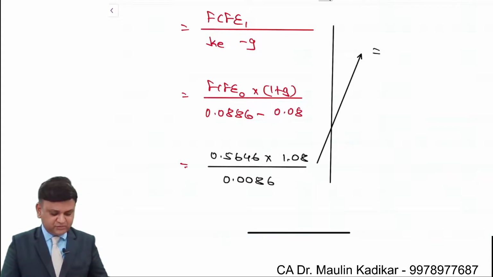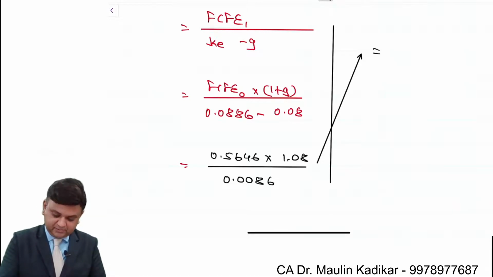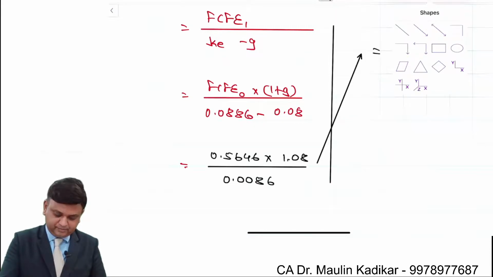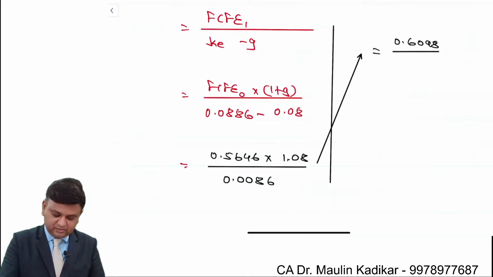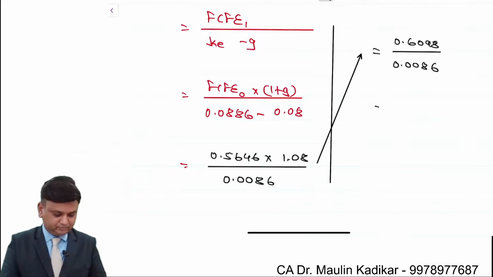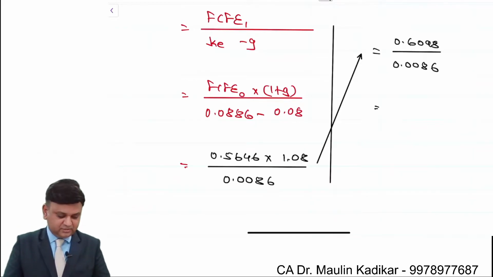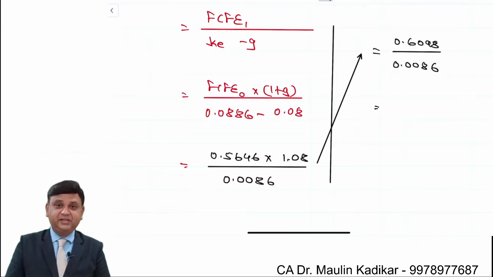So 0.5646 into 1.08, so 0.6098, divided by 0.0086. 0.6098 divided by 0.0086 is 70.91.